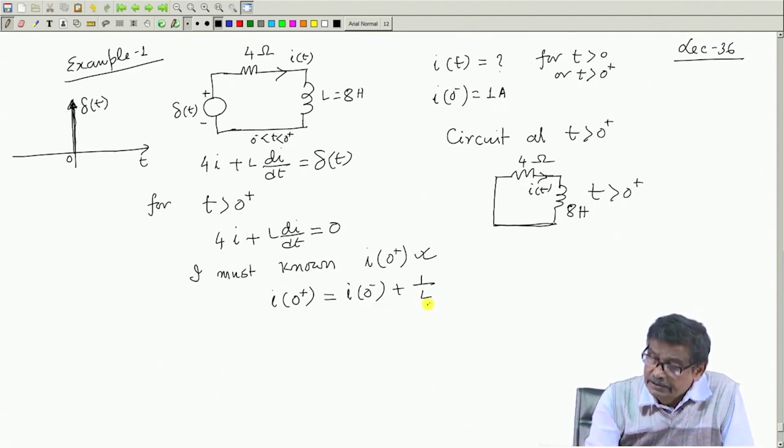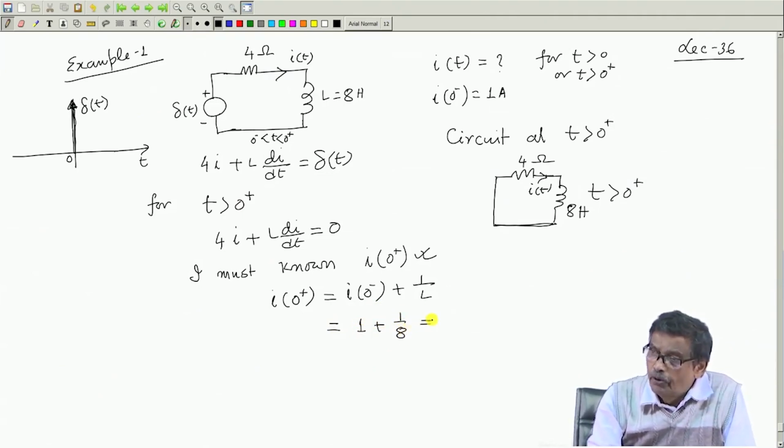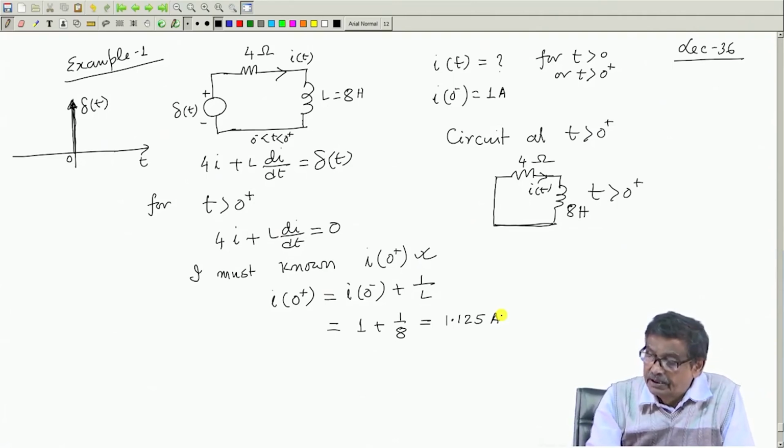Now, I0 minus is 1 ampere. So, 1 plus 1 by 8, 1 by 8 is 0.125. So, 1.125 ampere.